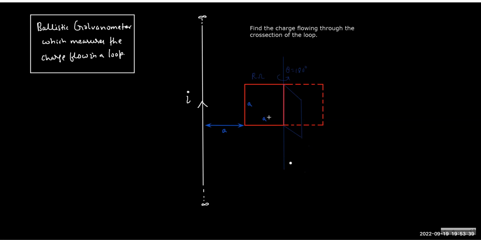And because the flux is in the decreasing phase, the direction of current will be, because the flux is always inward because the B is into the plane, and because the inward flux is in a decreasing scenario, the current will flow clockwise, right? Yes, sir. Current will be like this: A to B, B to C, C to D, and D to A, right?